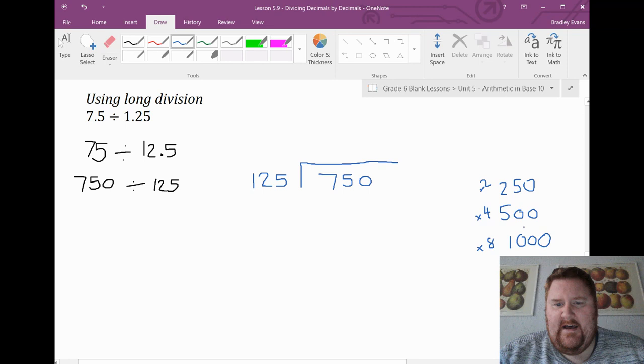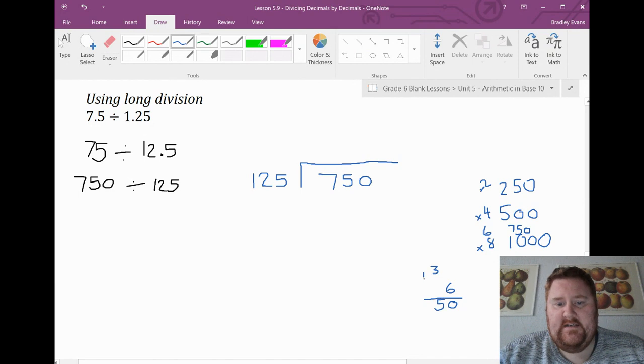So, what can I see? Well, I kind of see that 500 to 1,000 is a difference of 500. So 750 is going to be in the middle there somewhere. And I'm going to try 6. If I'm not sure, I'm going to try it out. 125 times 6. 5 times 6 is 30. 6 times 2 is 12, plus 3 is 15.